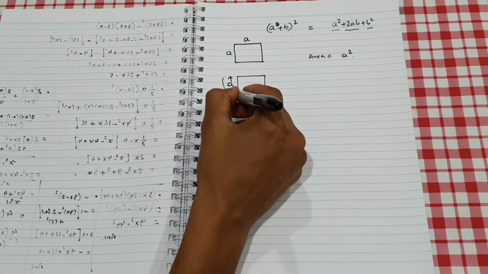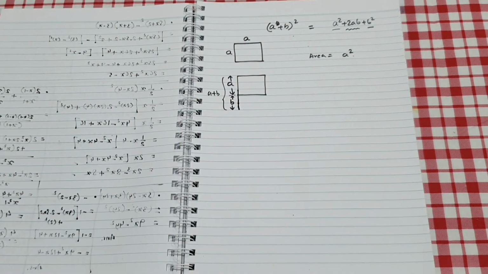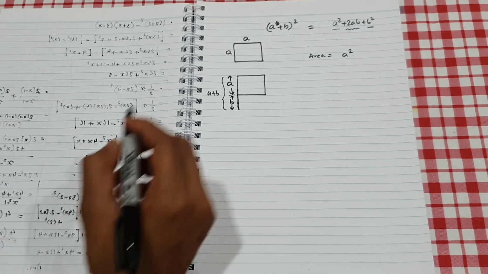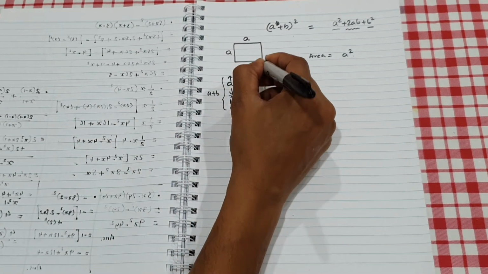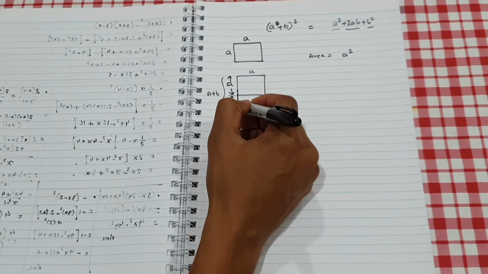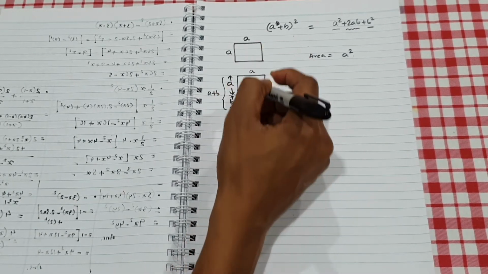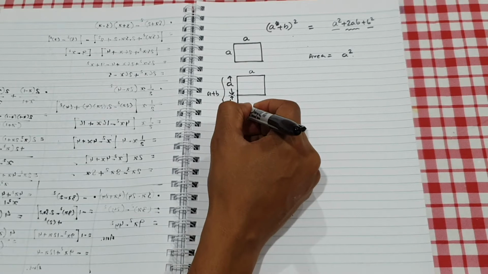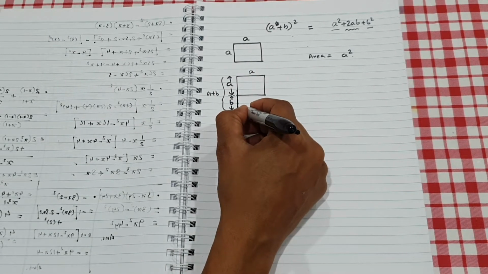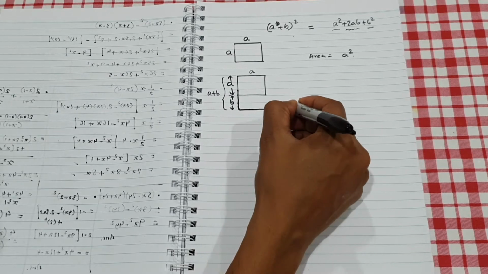Now, how do you calculate the whole square of this? This is already A. In order to get a whole square, you need to form a square of the side. Like you have a square of A, you need to form a square of this size. How do you form it? So this size we already have. We will form a square of this side.